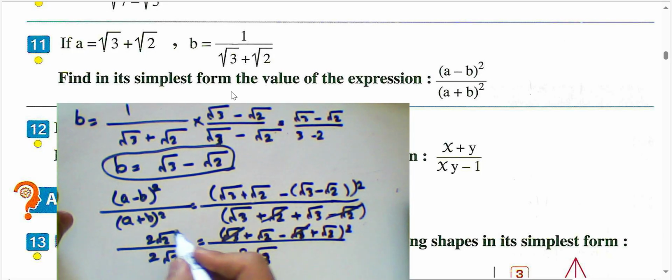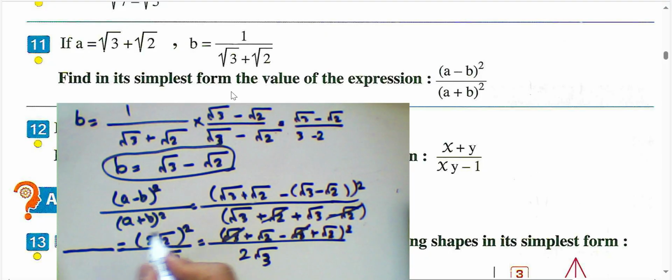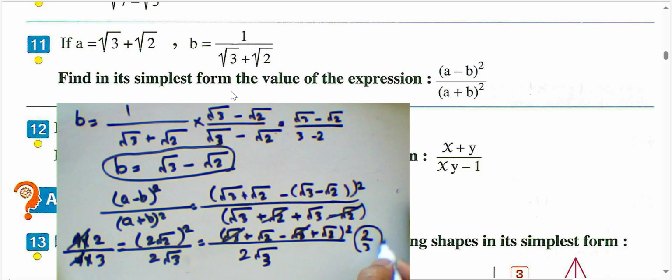Understood? We have the power out here. Then we can simplify: 2 power 2 is 4, root 2 power 2 equals 2, root 3 power 2 equals 3. We can cancel 4 by 4, then the result will be 2 over 3 in the simplest form. 2 over 3, okay, understood?